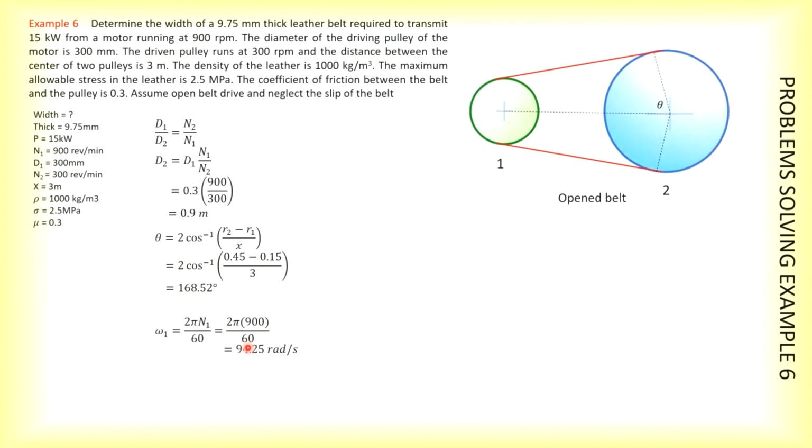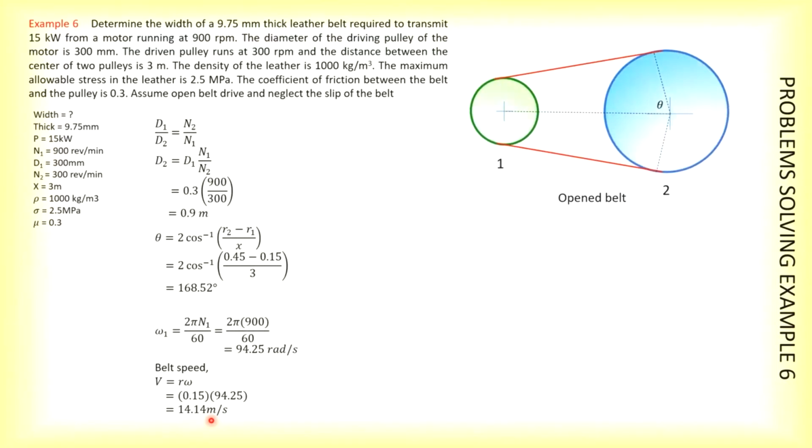If the tangential velocity v1 and v2 are the same, then omega 1 and 2 will not be the same. But there is no need to find omega 2, because the belt speed is based on either v1 or v2. Since you are looking at pulley 1, you need only find v1, which also equals v2. That will give you the belt speed or the tangential speed, which is greater than 10.